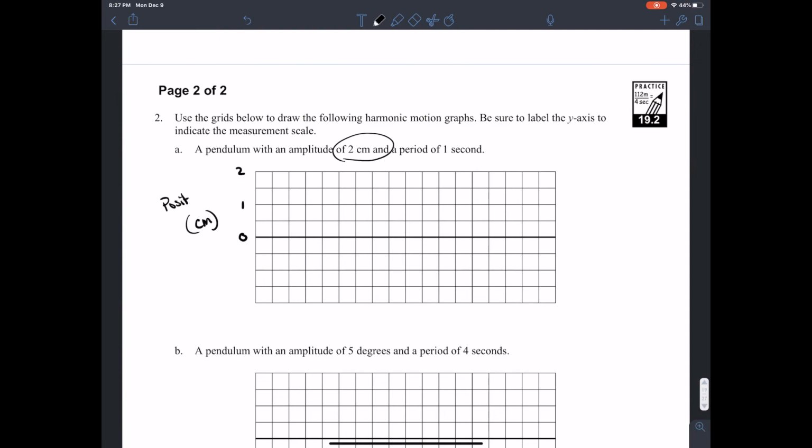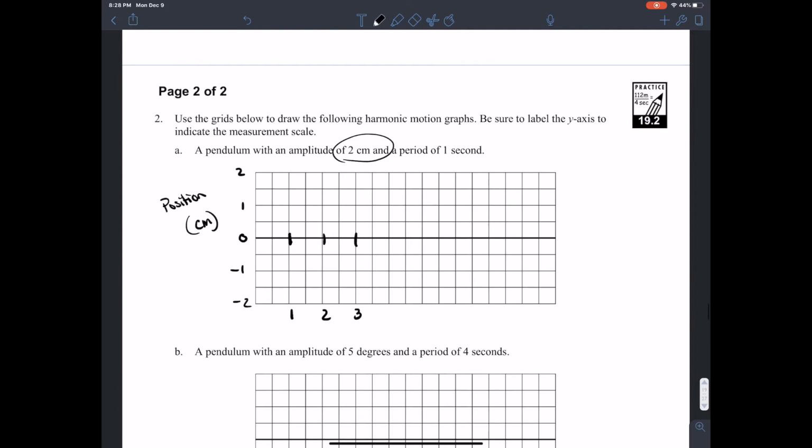So we have the position, centimeters, we go -1, -2, and then for my time, I'm just going to go with 1 second, 2 seconds, 3, and 4. You can put as many over as you want. So our magnitude of this is going to be 2 centimeters.